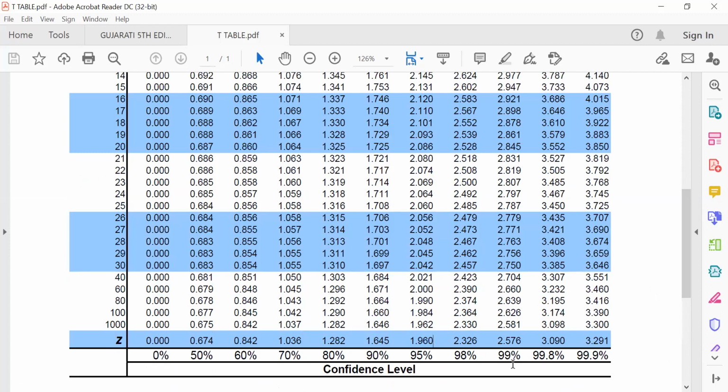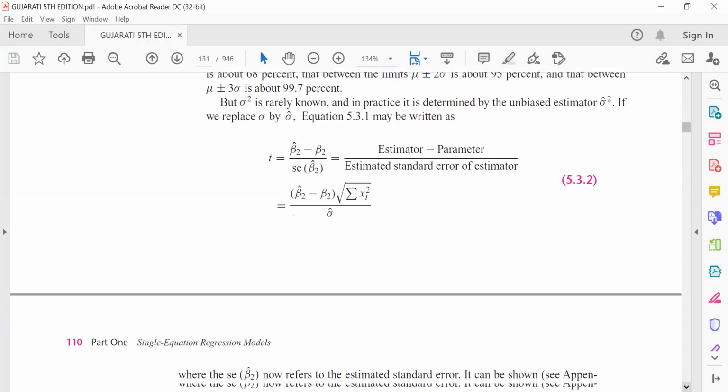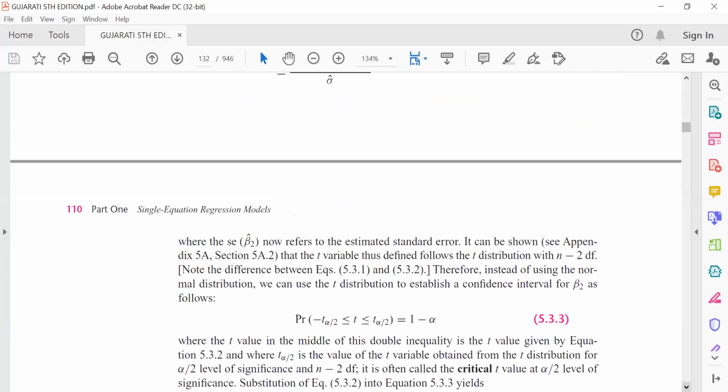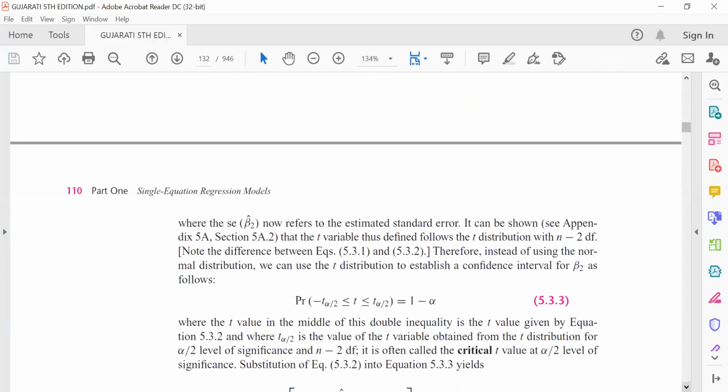That means as the sample size increases, the normal distribution is equal to the student t distribution. So from the beginning equation, we can transpose from the normal distribution to the student t distribution.